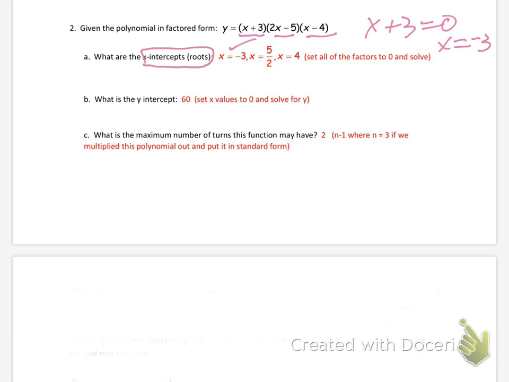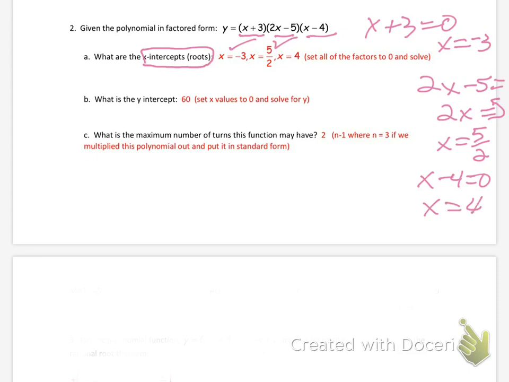Okay, that's how I got the first one. 2x minus 5 equals 0 gives me 2x equals positive 5, and then x equals positive 5 halves. And the last one, x minus 4 is 0, so x is going to equal 4.